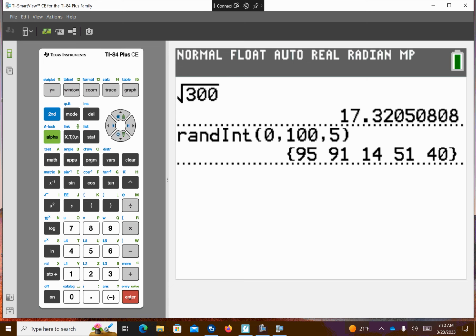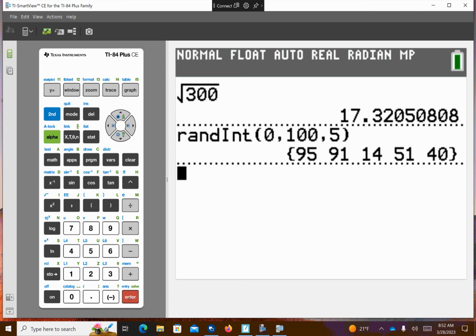Yep. So if you had typed that in on your graphing calculator, my calculator should be different than your calculator because they're two different things. But if you did that exact same iteration right there, the very first string that's going to show up is 95, 91, 14, 51, and 40. Everybody's calculator would show that.